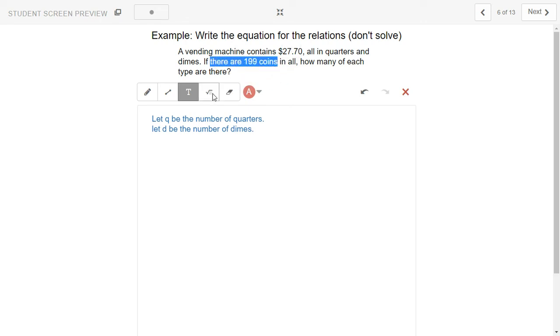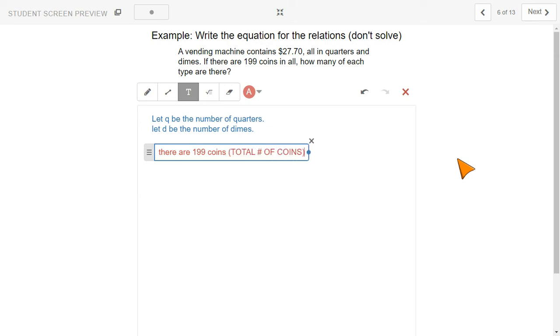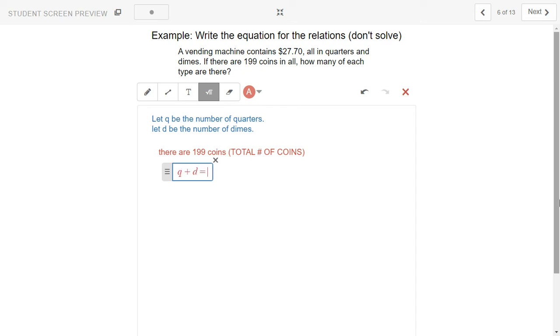This is talking about the total number of coins. So because this is the total number of coins, I'm going to add the two of them together, Q plus D, and that's going to equal 199.